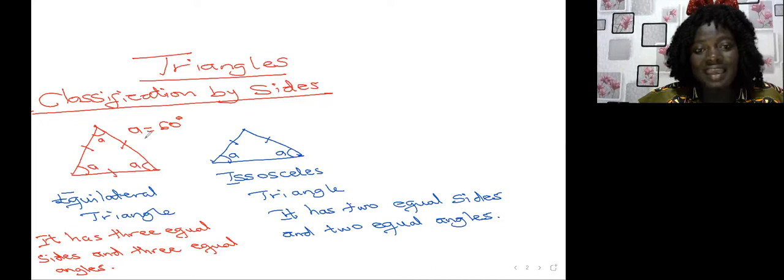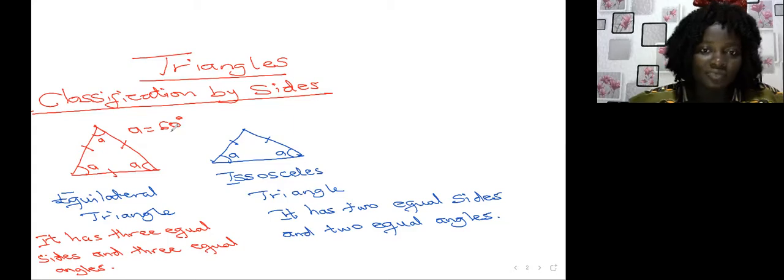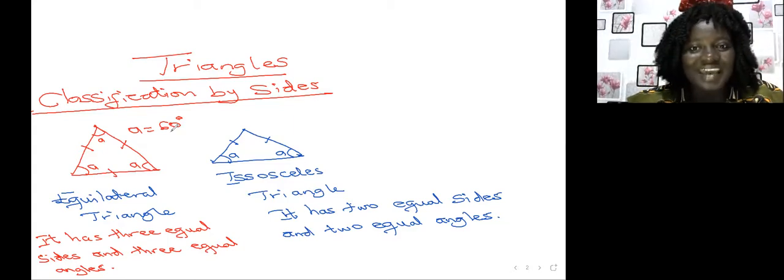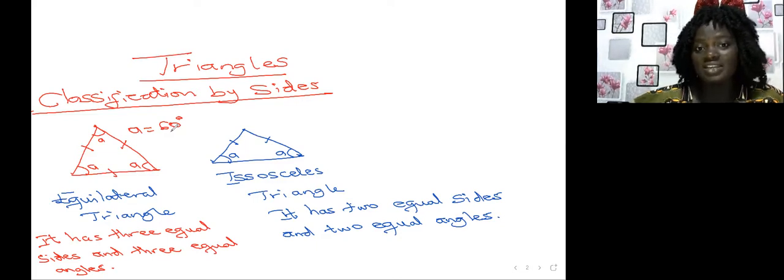So this means A is equal to 60 degrees. I believe you know the sum of the interior angles of a triangle is 180 degrees. So 60 times 3 gives us 180 degrees.